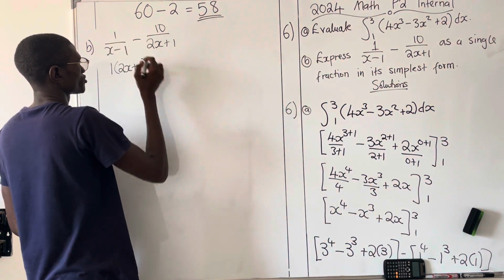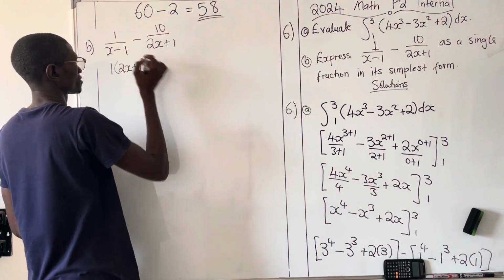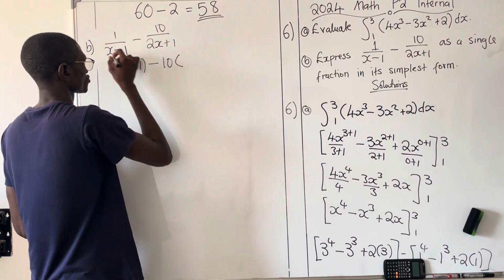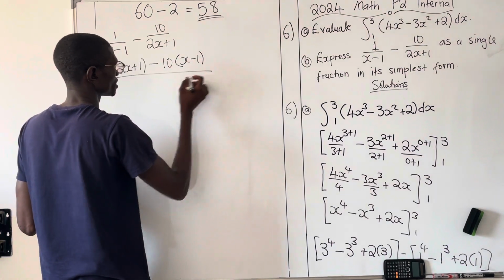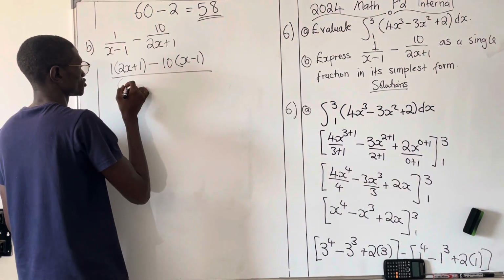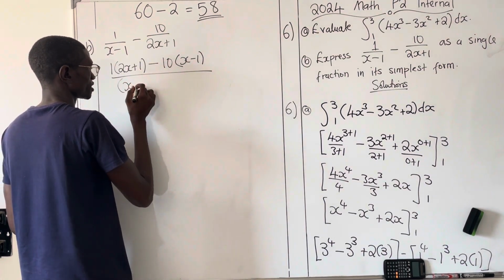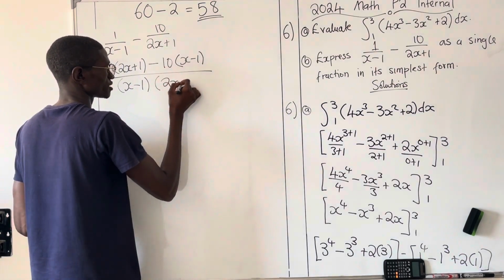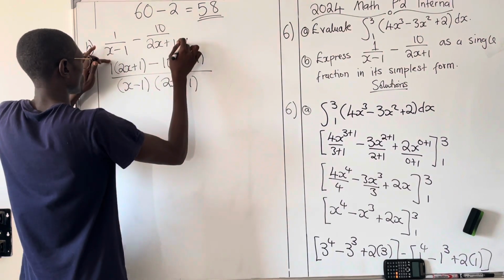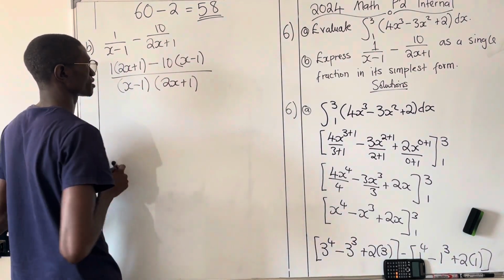Okay, and then we bring down that sign, and then we're going to say 10 times this. So we're going to say 10 in brackets, we put these values, x minus 1, and then the denominator is going to be, you get this denominator, x minus 1, you put in one bracket, in the other bracket you put 2x plus 1. So you pick both of the denominators except you put them in brackets.